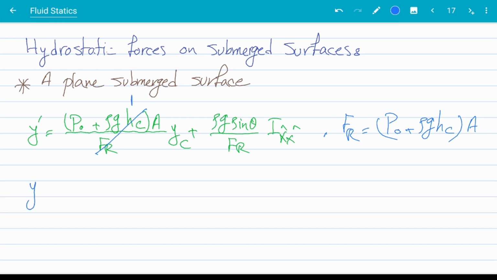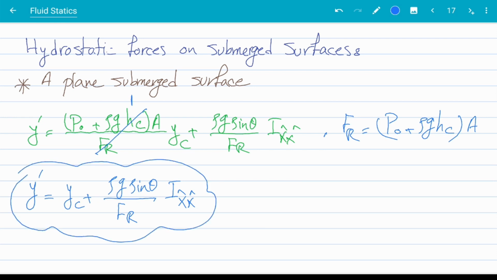And we get that y prime, the location of this total force, is yc plus rho g sine theta over total force Ixx. The second moment of area about the x-axis that goes through the centroid of your area.